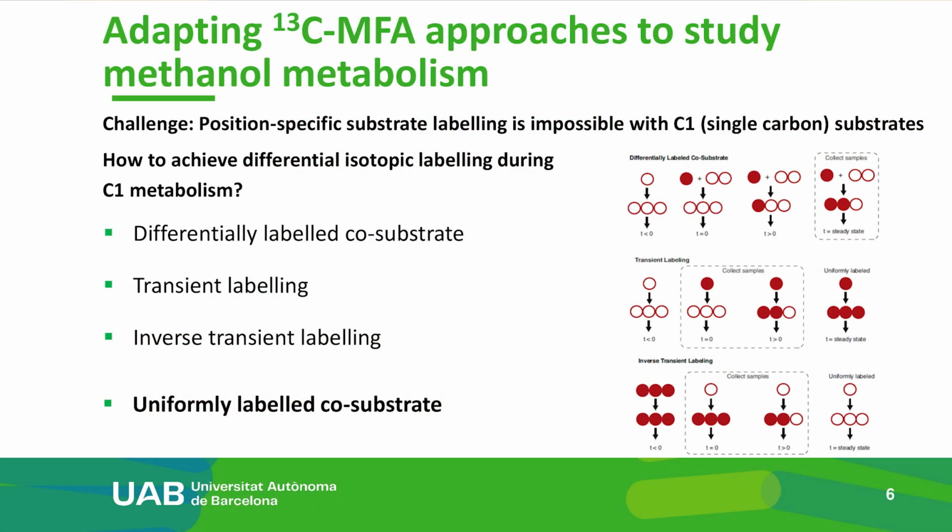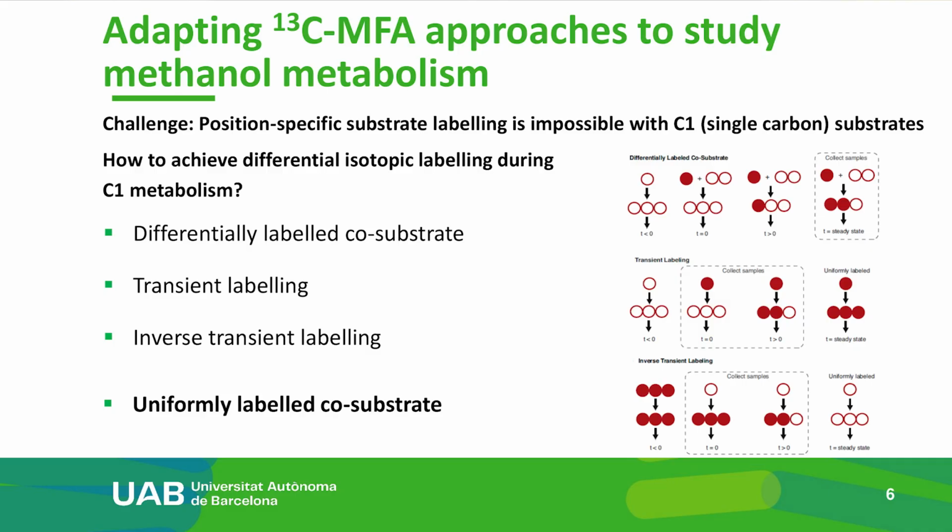Okay, but the problem with methanol is that it's one carbon, and for this type of experiment you need position-specific substrate labeling. In one carbon, it's impossible to have positional labeling. Okay. So how do you achieve differential isotopic labeling during one-carbon metabolism?